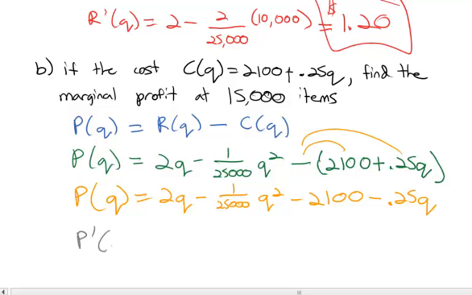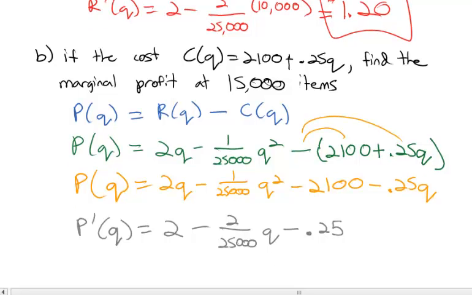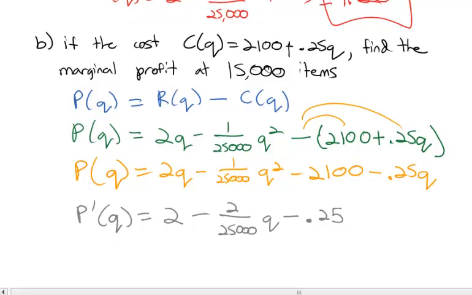But we can find the derivative now of the profit formula. The derivative of 2Q is just 2 minus 2 over 25,000 Q. 2100 is a constant. The derivative of a constant is 0. Minus the derivative of 0.25Q is 0.25. And we now have our derivative.